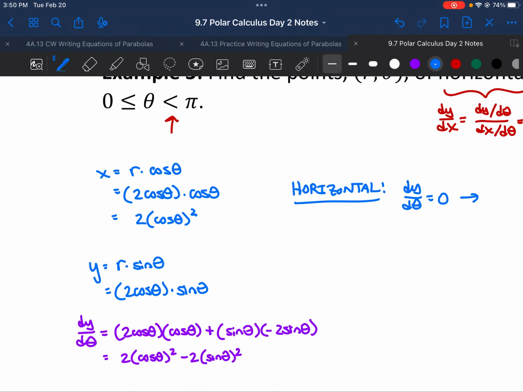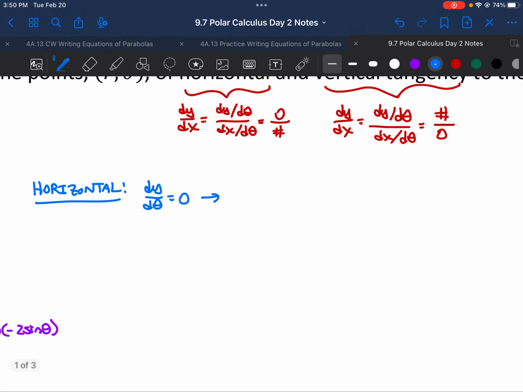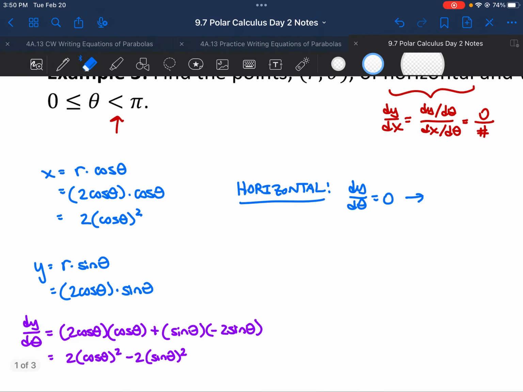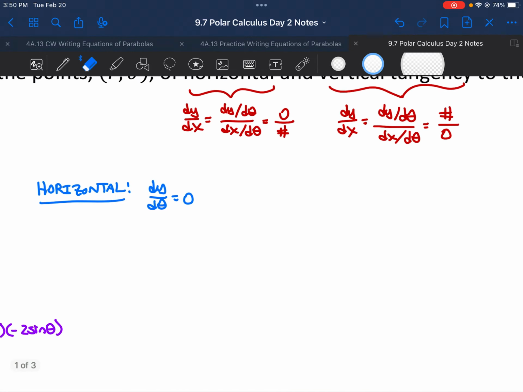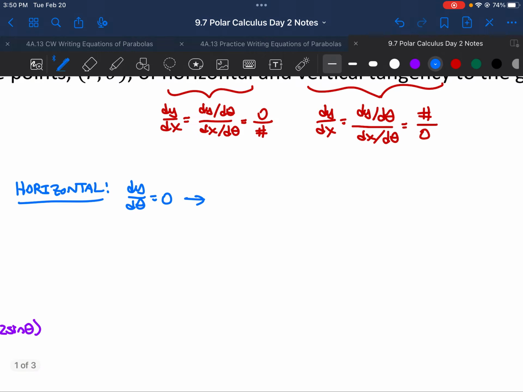All right, so there's our dy d theta. We want to know when this is equal to 0. Okay, so dy d theta equals 0 means that 2 cosine theta squared minus 2 times sine of theta squared equals 0.